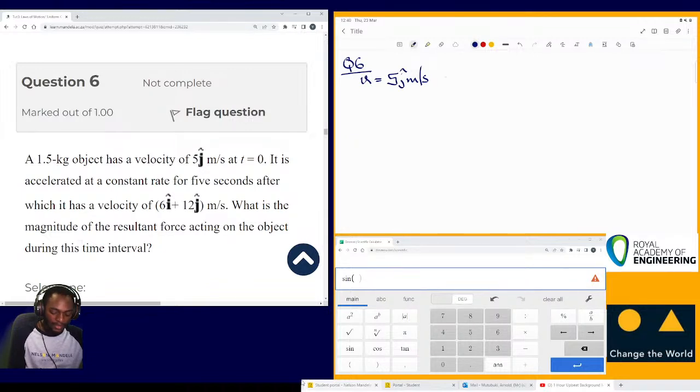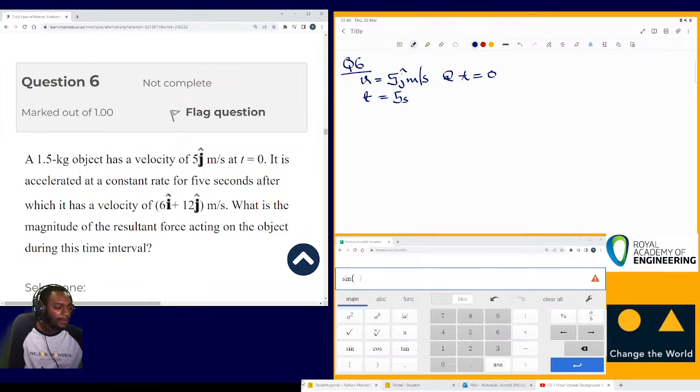That's 5 meters per second, and t is equal to 0. It is accelerated at a constant rate for 5 seconds. So actually what we're looking for is the magnitude of the resultant force. We're given time, which is equal to 5 seconds.